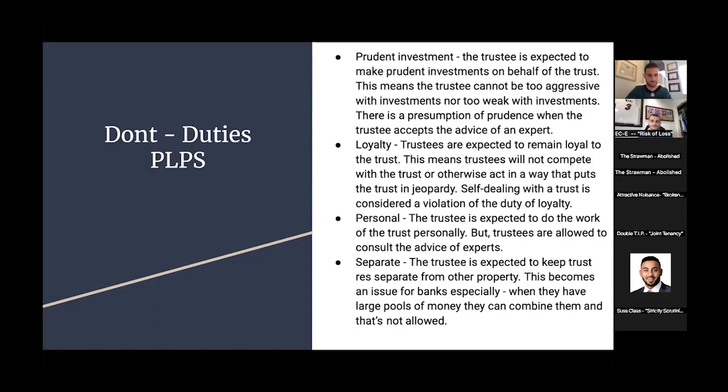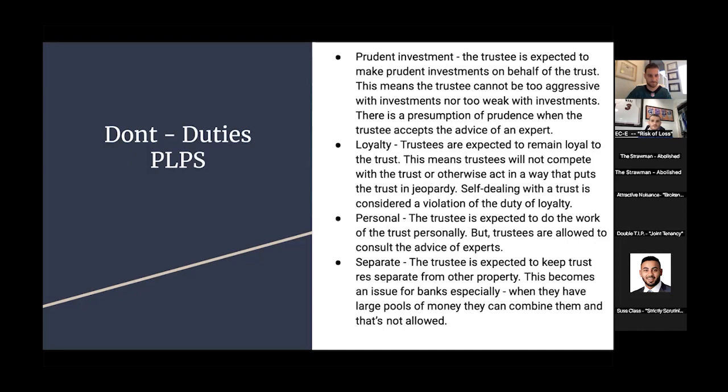The res of the trust must be separate from other trusts. Banks do get in trouble for this when they invest the money with other monies into investment accounts. So investment accounts are one of the biggest issues here too.